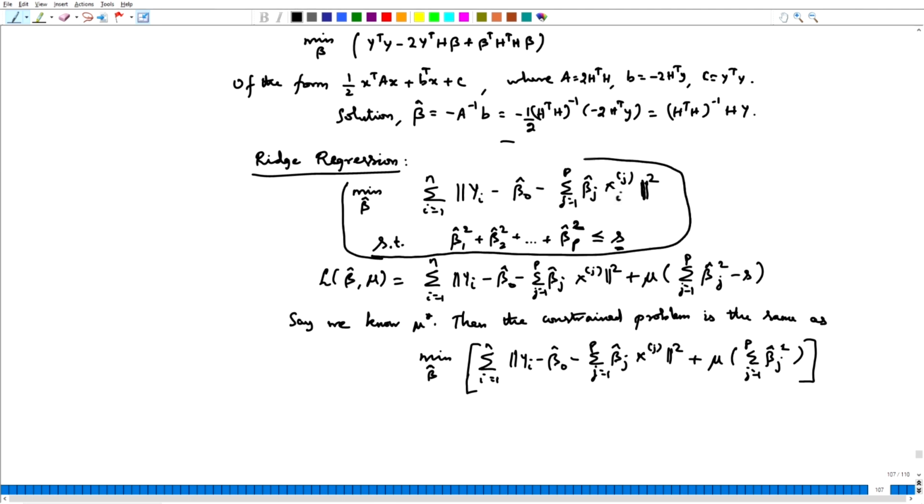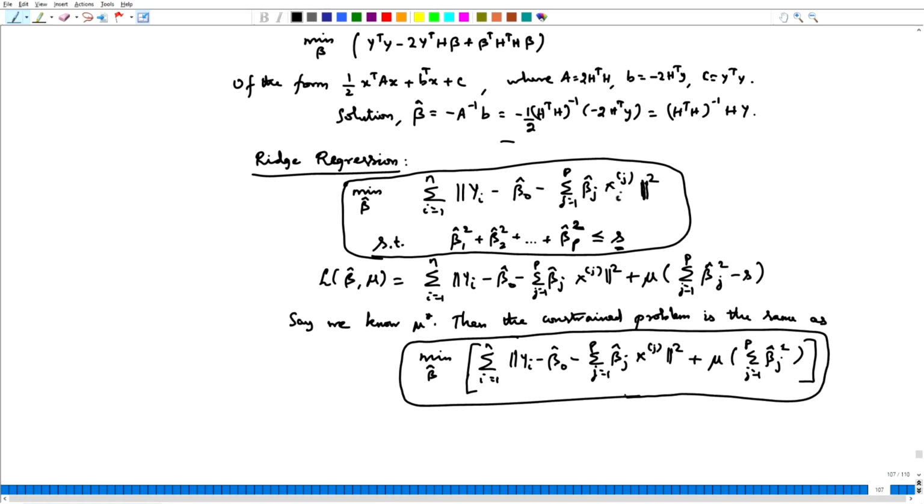So we have this particular constrained optimization problem, which I am boxing now, and we have another unconstrained optimization problem, which I am boxing now. Both of them are the same if you choose the corresponding value of s and mu. For each value of s that you choose here, you have a corresponding value of mu, so that the solutions of both problems are the same.